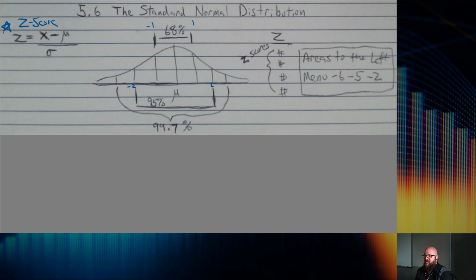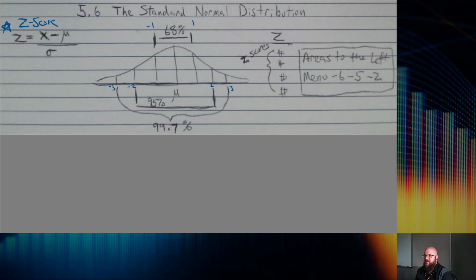And between -3 and 3, 99.7%. That's an easy little group of numbers to remember: 68, 95, 99.7. Again, 68 is between -1 and 1, 95 is between -2 and 2, and 99.7 is between -3 and 3.